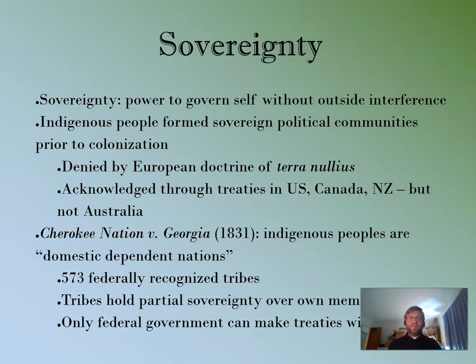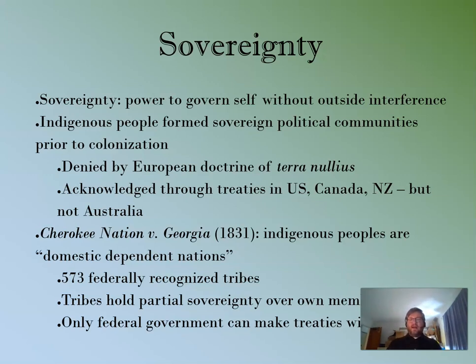So in the United States, there were a series of Supreme Court cases early in the existence of the United States that defined the status of indigenous nations under U.S. law. The most notable of those is Cherokee Nation versus Georgia in 1831, which coined the term domestic dependent nations to describe indigenous groups.